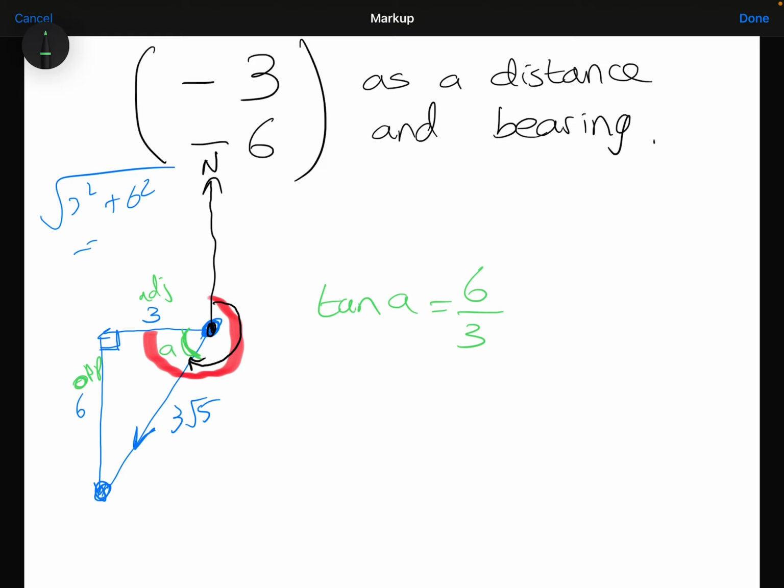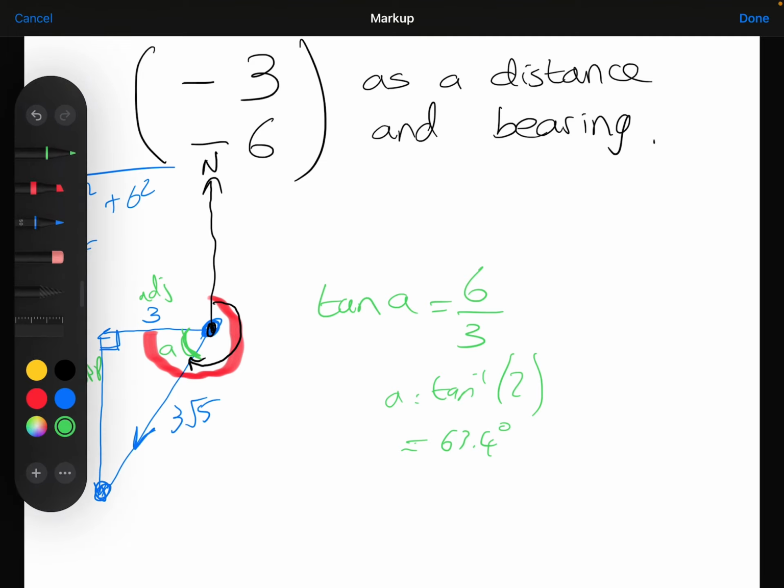And if I do tan inverse on my calculator, so tan inverse of 6 over 3, or 2, gives me 63.4 degrees. But like I said, to get the bearing, I need to do 270 take away that. So 270 take away 63.4 gives me 207 degrees to the nearest degree.